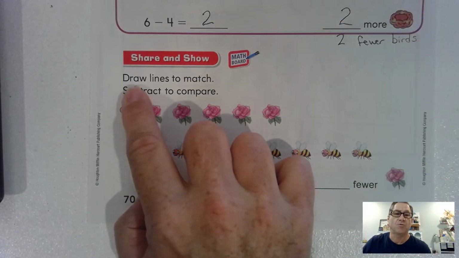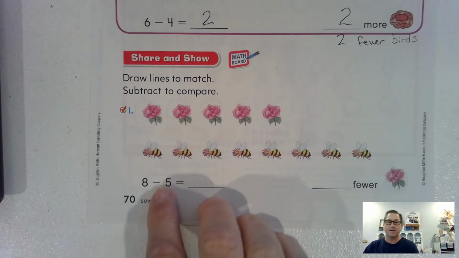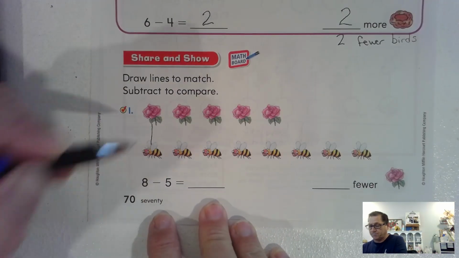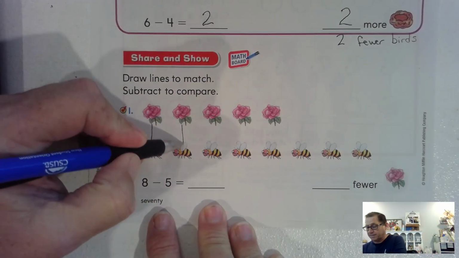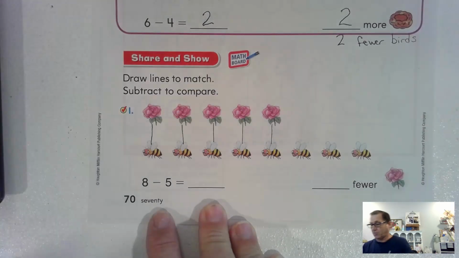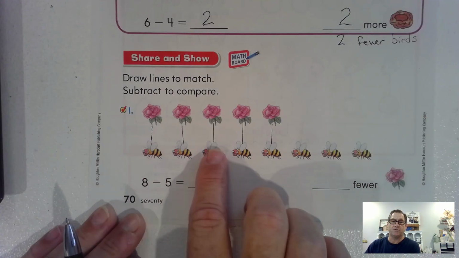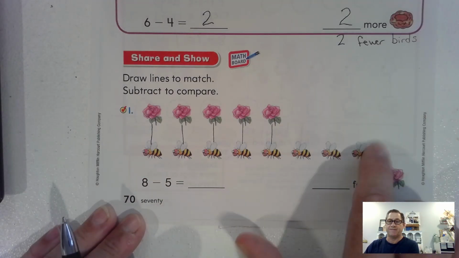Okay, draw lines to match, subtract to compare. Okay, so this bee has a flower, this bee has a flower, and so on. All right. So how many bees do we have? We have 1, 2, 3, 4, 5, 6, 7, 8 bees.